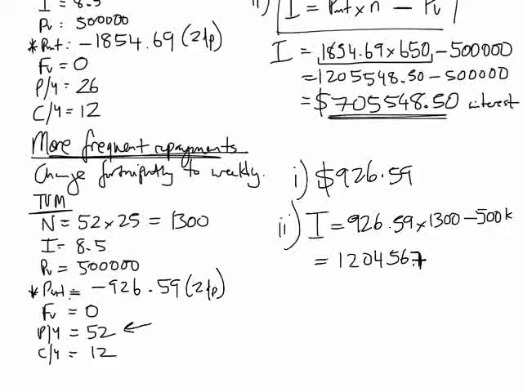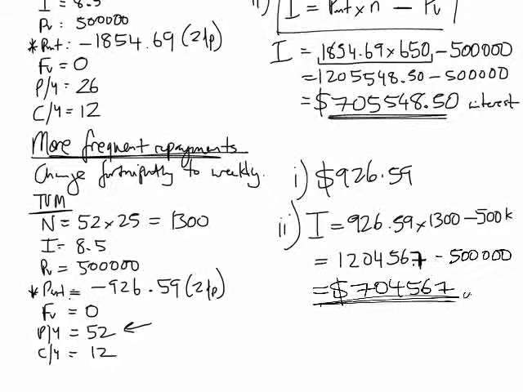Now it's 1,204,567 minus the $500,000 principal. And you get a total interest charge of $704,567 interest.